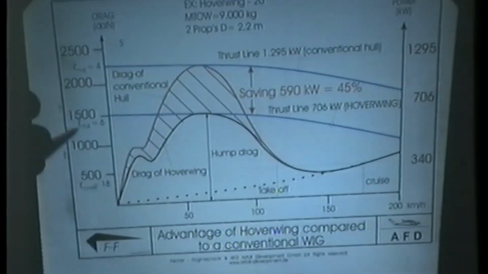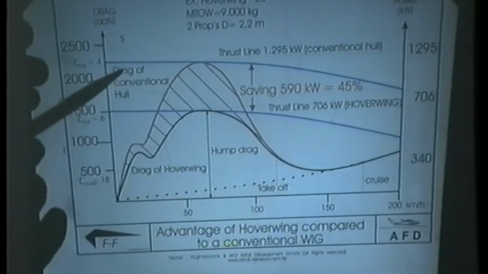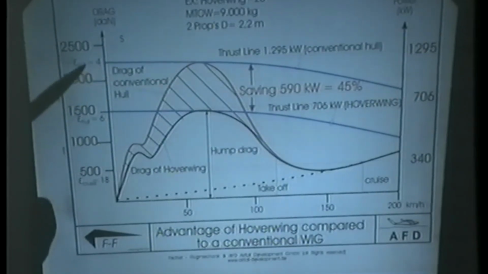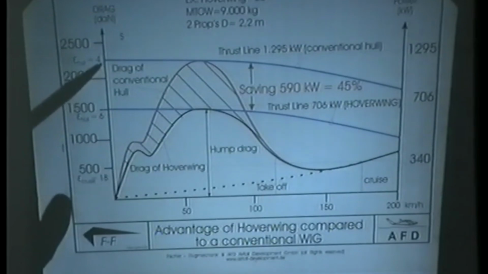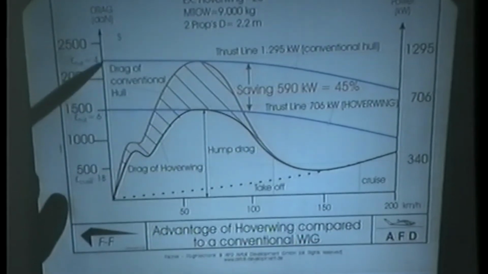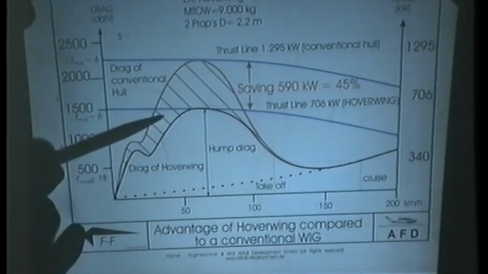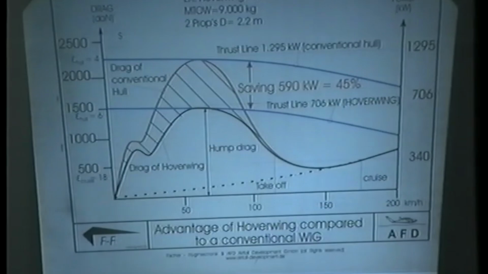And here I plotted again for your understanding. This figure is a lift to drag of 4, which we normally have in conventional craft. On seaplanes, this is 3.2, so it is here. And this result is a lift to drag of 6, which we have realized.